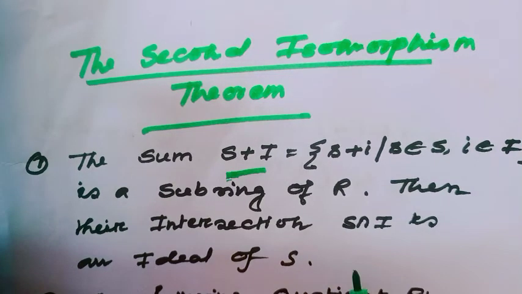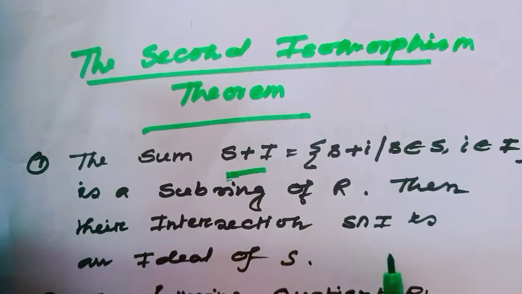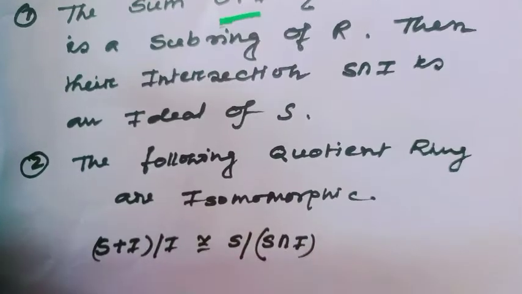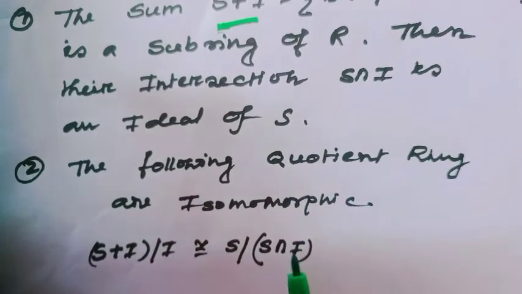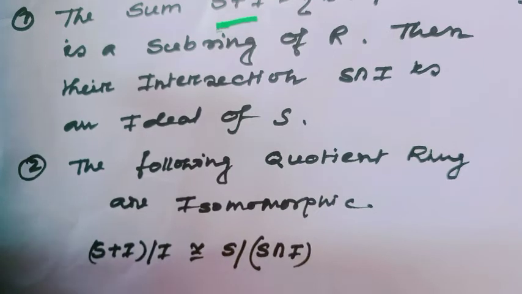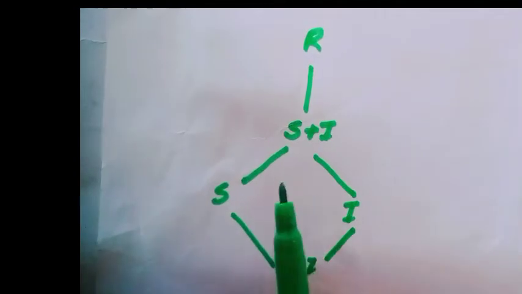Then their intersection, S intersection I, will be an ideal of S. And the quotient ring S plus I modulo I is isomorphic to S modulo S intersection I.